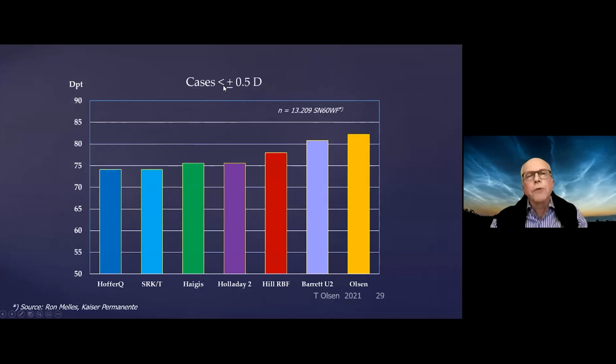And if we count the number of cases within half a diopter, you can see we are below 75 with some of the old formulas. Then we go up, the Hill RPF is 77 or something like that. The Barrett and the Olsen were about 80%.